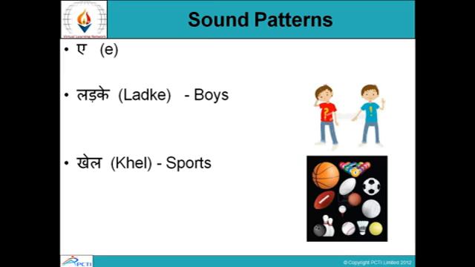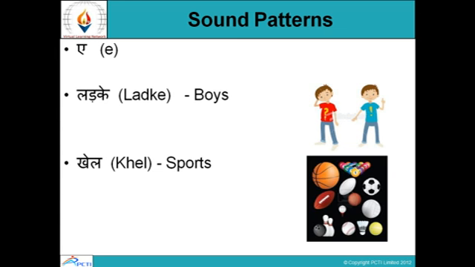Next is the sound of A. It's the small sound of A. It is called ladke. You can see the symbol. How do we represent the small sound of A? On the curve we have this symbol.